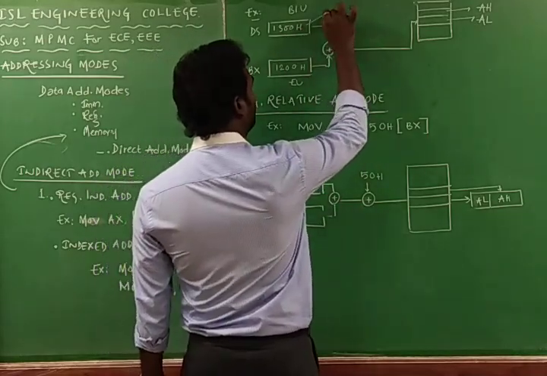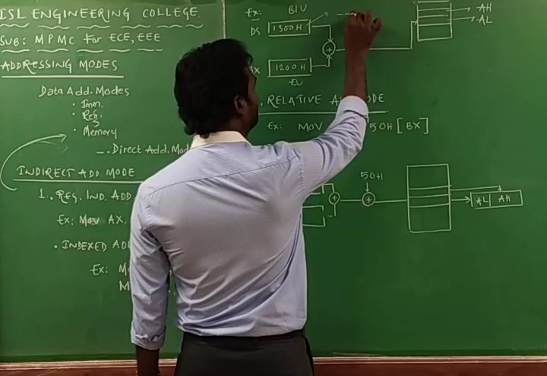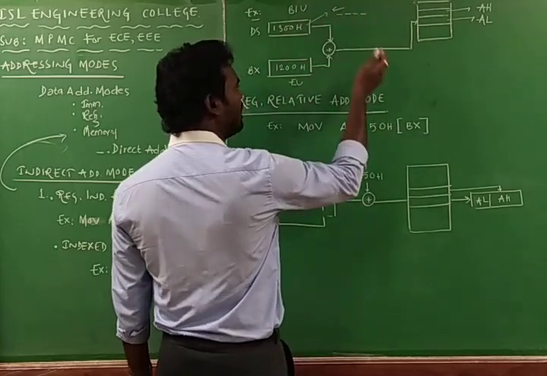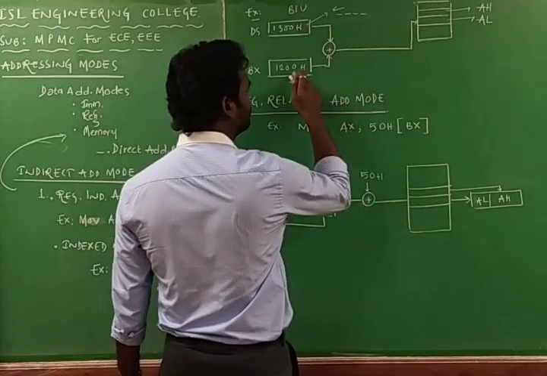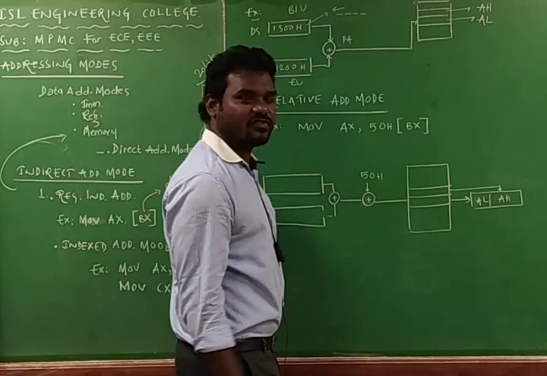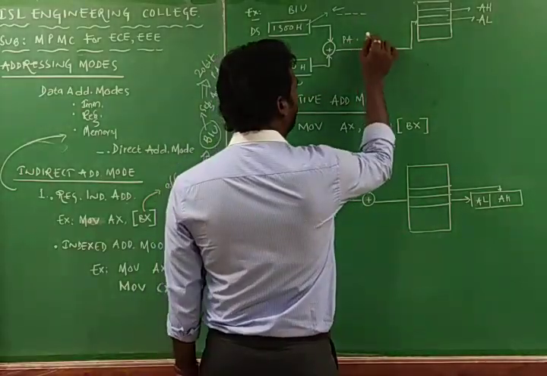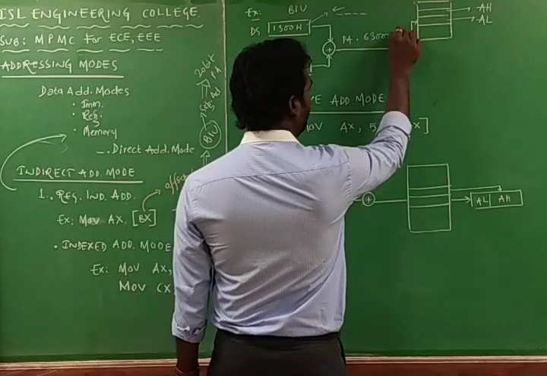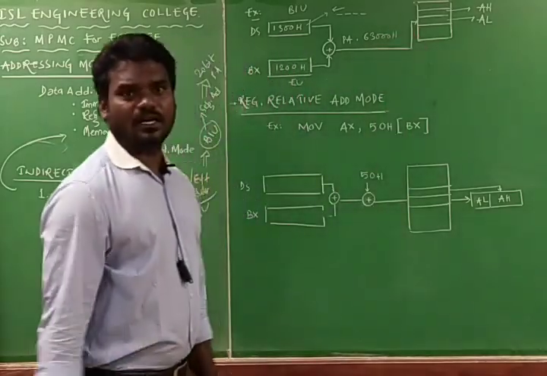We know this segment address will be shifted left by 4 bits and added to the offset, and it will generate the physical address. Assume it is a 20-bit physical address, 63000H.